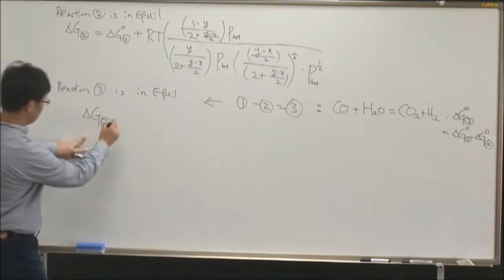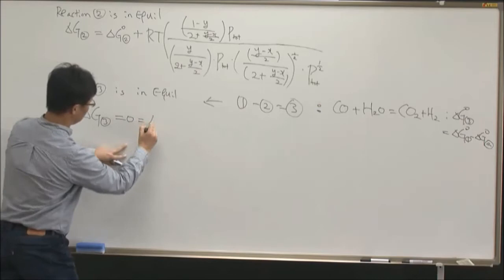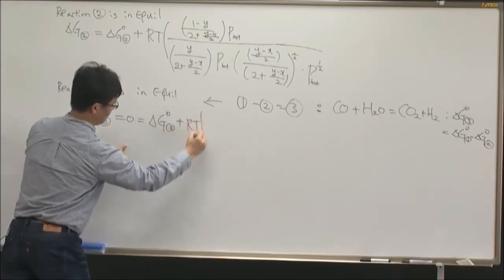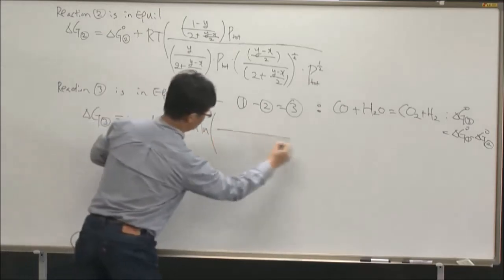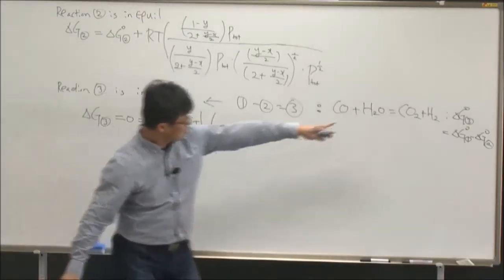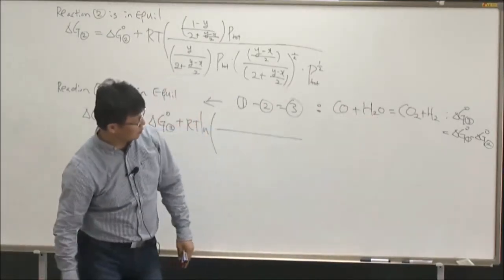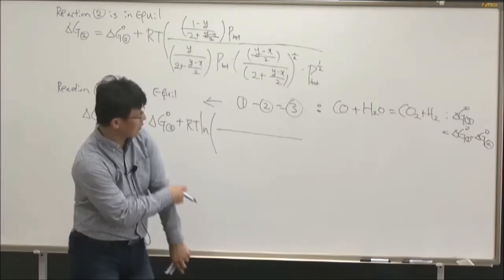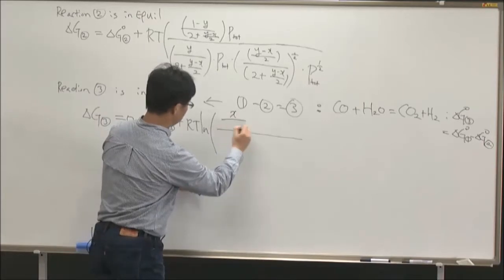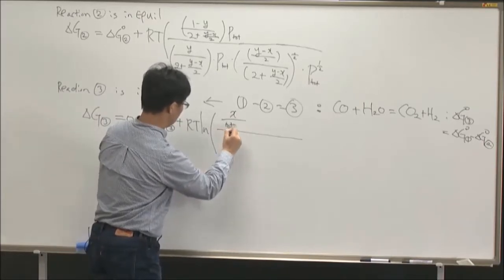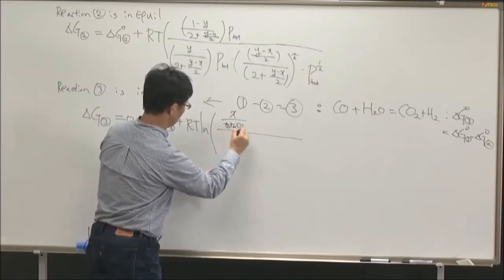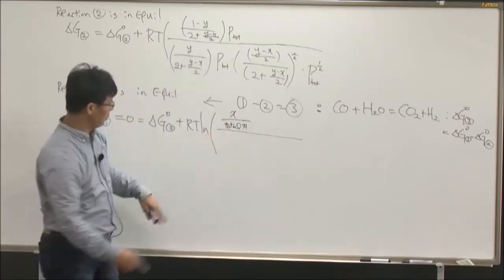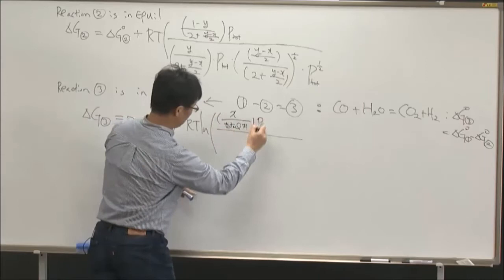And in this case, if this is in equilibrium, then CO and H2. CO2 is, okay, x over the total number of moles. I'm just saying total number of moles, and then P total.